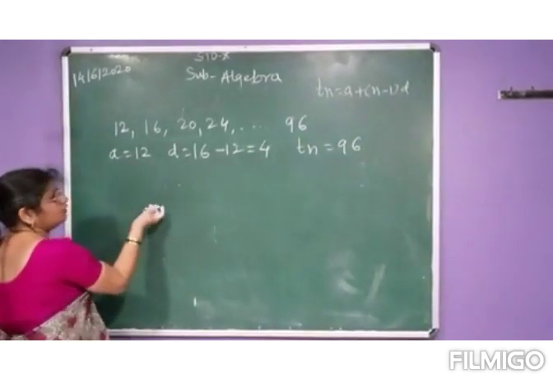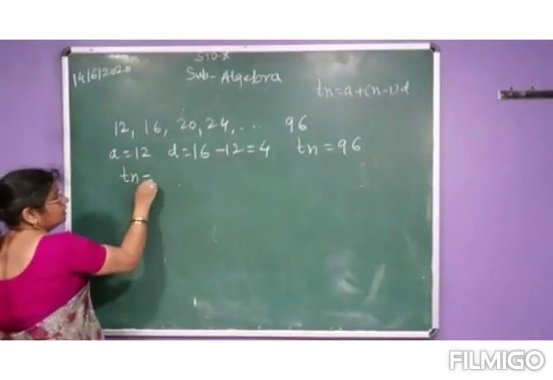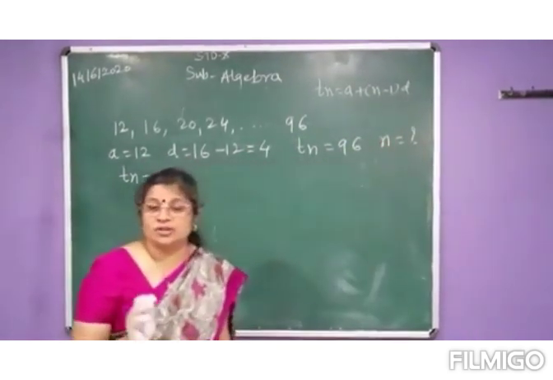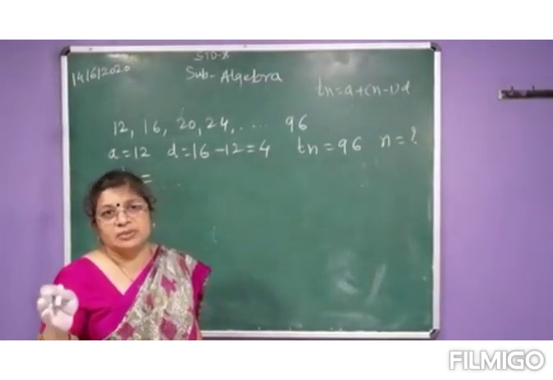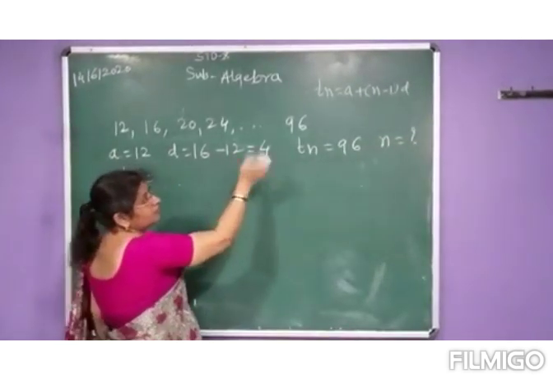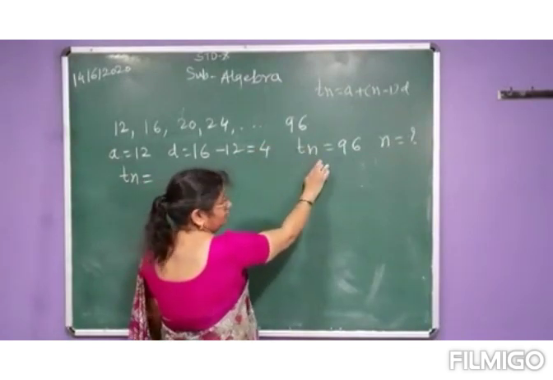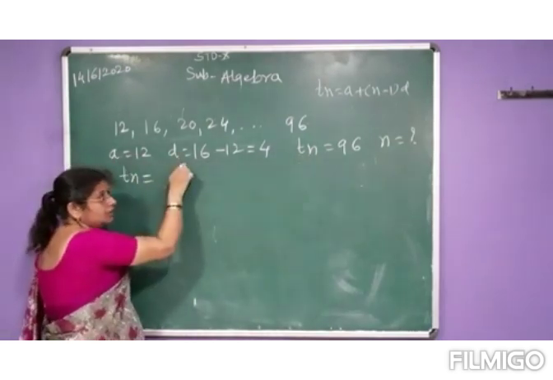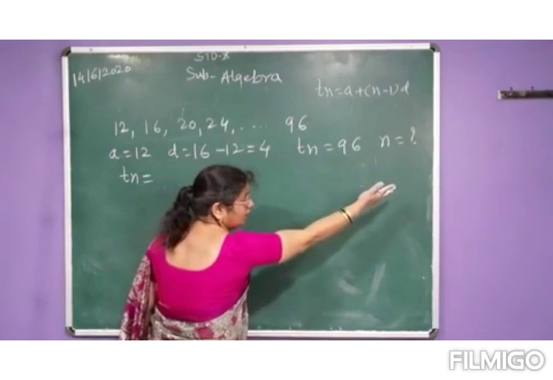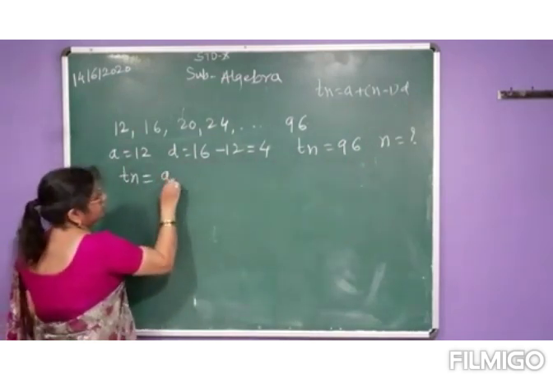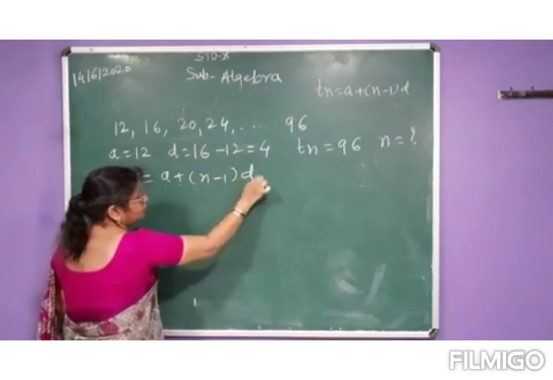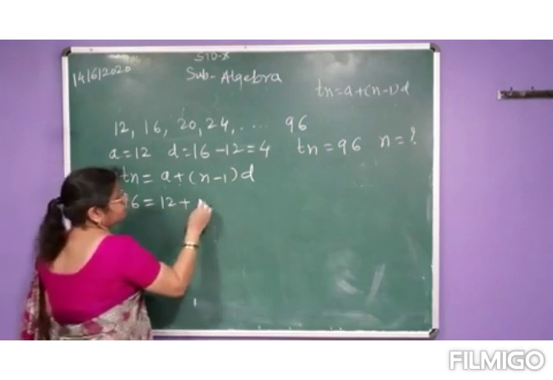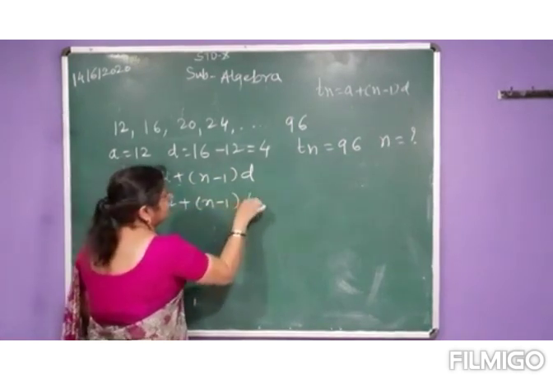What we have to find out here is n, that is, how many two-digit numbers are divisible by 4. So have you understood the difference between n and Tn? Here Tn is given, that means you know A, you know D, you know Tn, so you can find the value of n. Tn is equal to A plus n minus 1 into D. Tn is 96, A is 12 plus n minus 1, and D is 4.